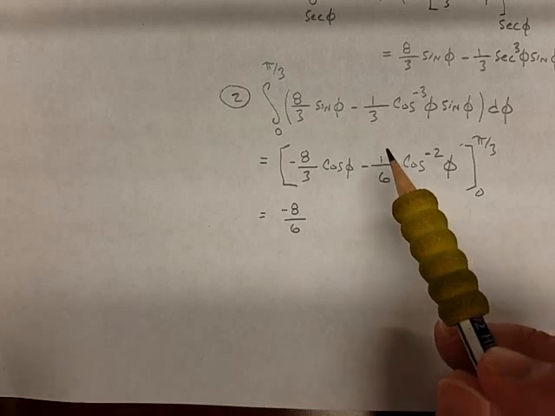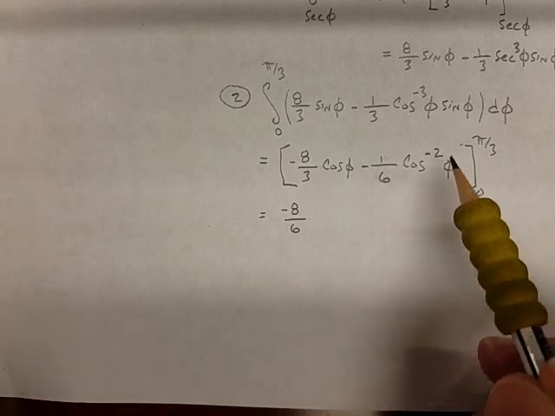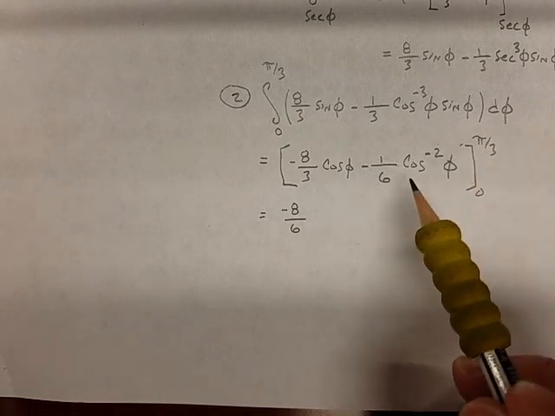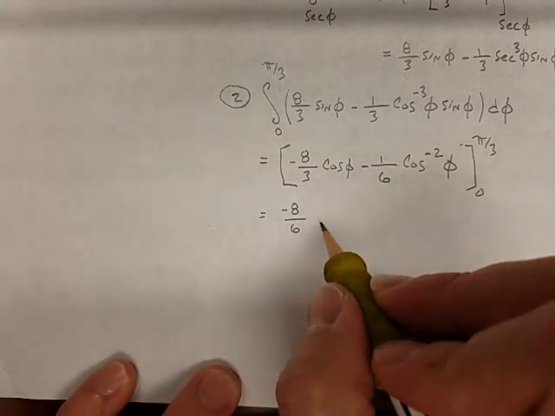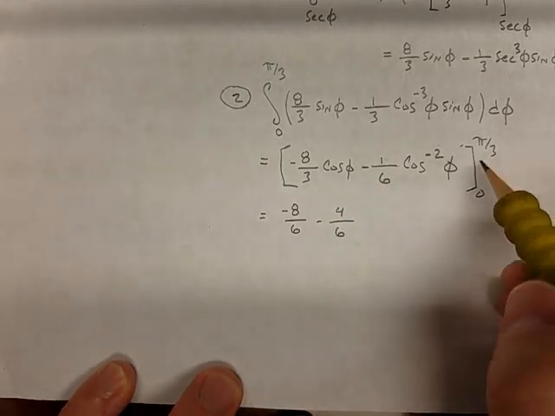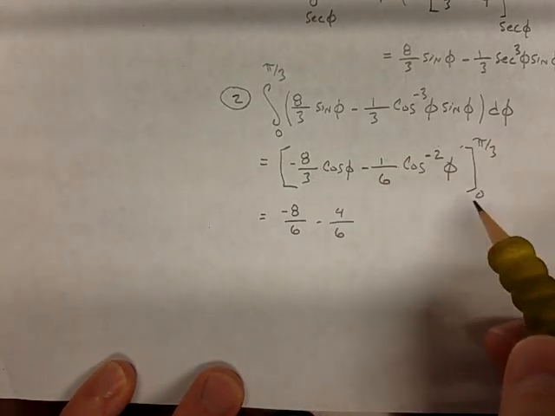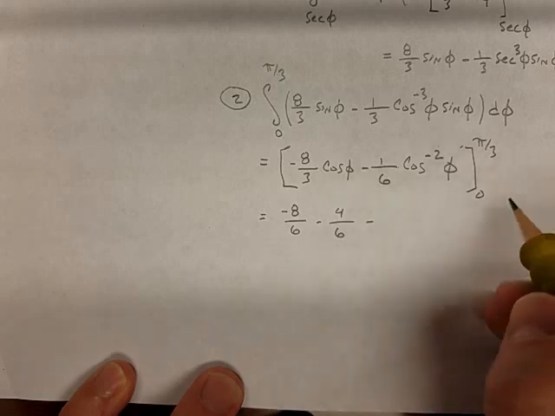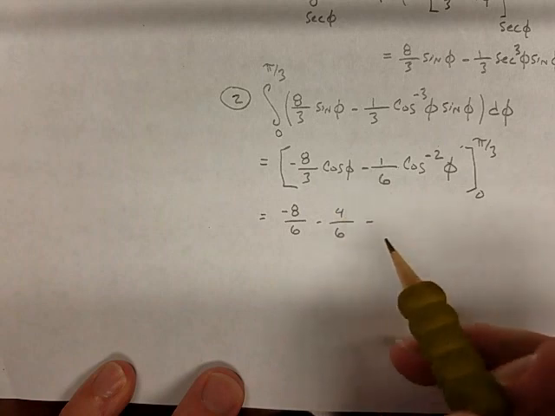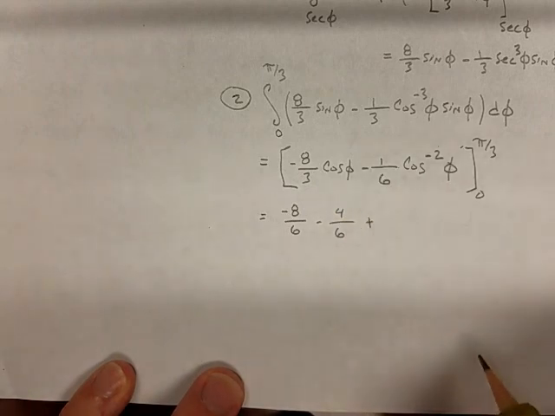Well, 1/6 times cosine squared, that's what that is. Cosine of pi over 3 is a half. You square it, it's a fourth. You divide, you get 4/6. Okay, so that's what this gives me. And then the 0, I would be subtracting whatever the 0 gave me, and I'll be subtracting negative, so that's going to amount to this.